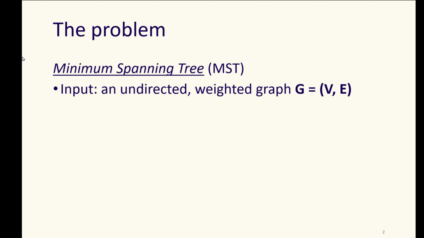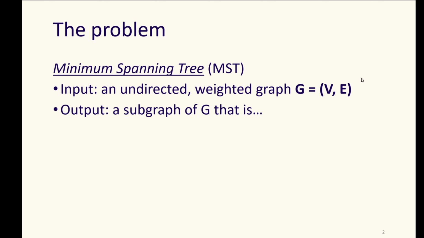In the framing we'll use here, we're trying to minimize the cost or the distance or those sorts of things. And that graph will be in the same form we're used to. It's a set of vertices and a set of edges that connect some of those vertices.